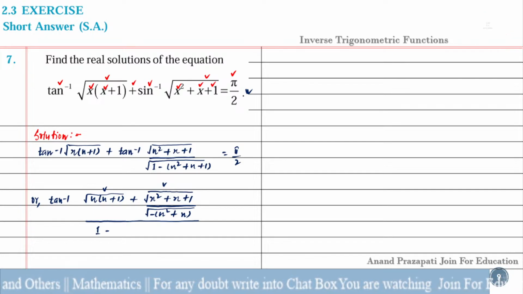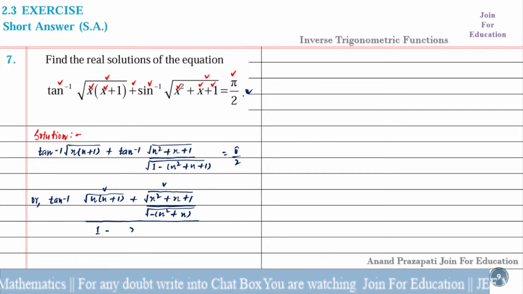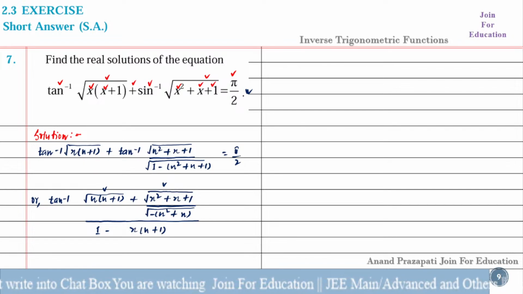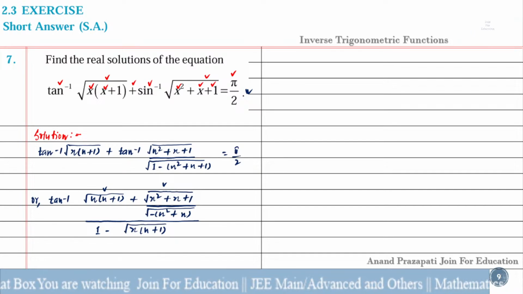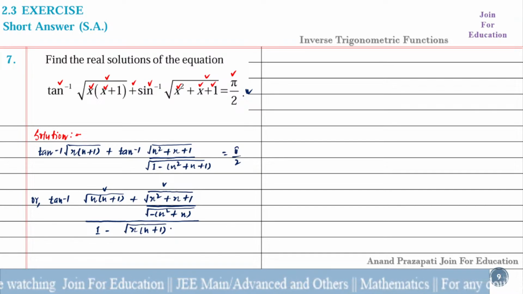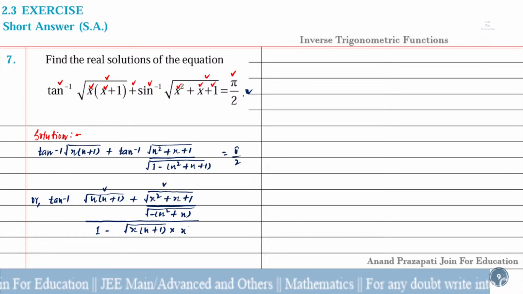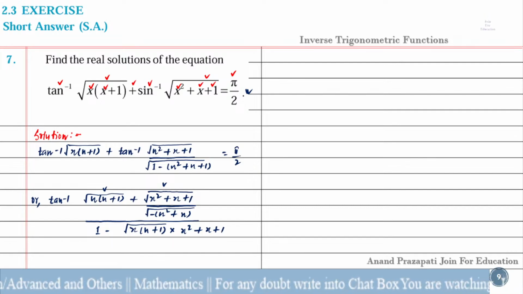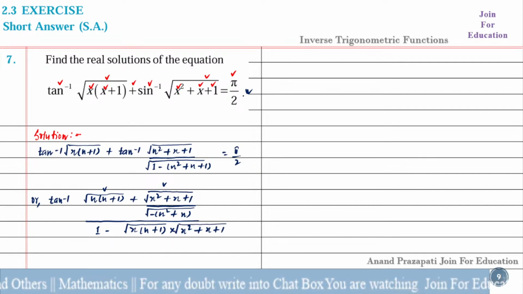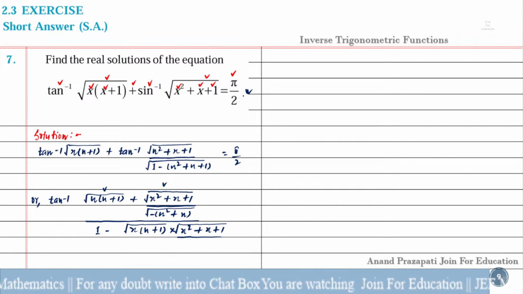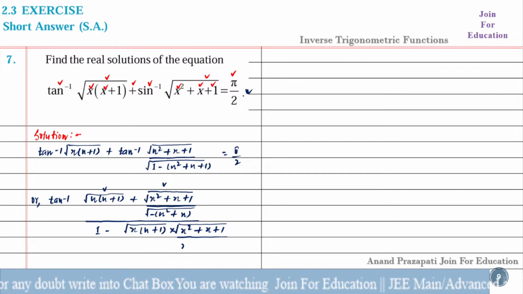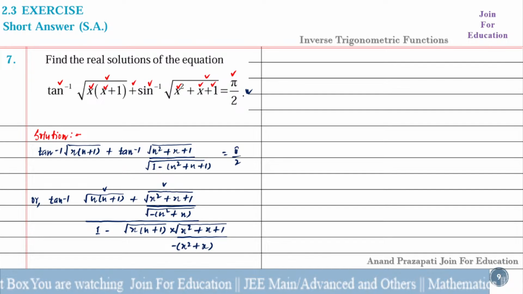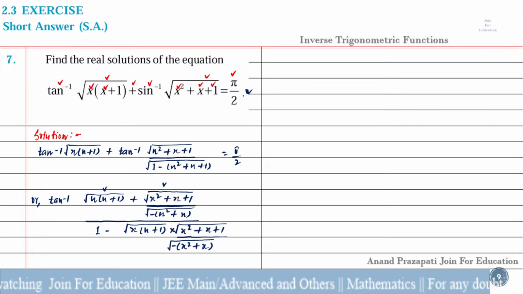So the value of x is x into x plus 1 over root, and we write here into x square plus x plus 1 over root, by x square plus x here minus over root.